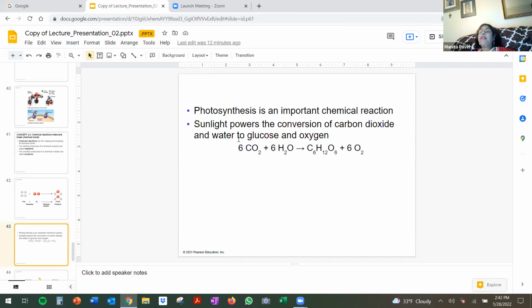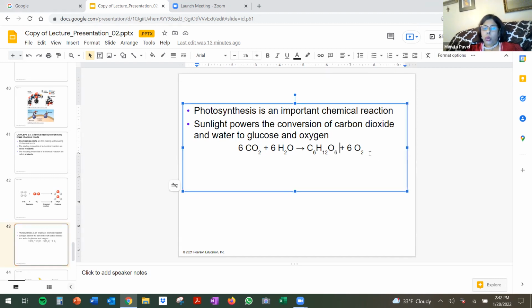So photosynthesis, very important. Photosynthesis is a process whereby green plants manufacture their food with the help of sunlight energy. Carbon dioxide gas is being absorbed by the plant. When carbon dioxide gas reacts with water, it forms C6H12O6, which is glucose.